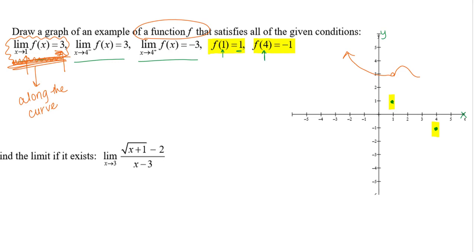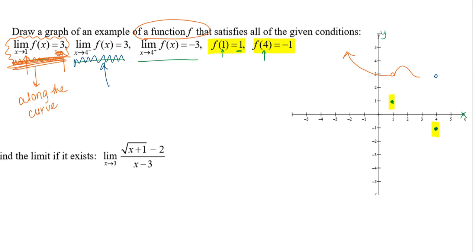Now, as x approaches 4, I have some sided limits here that I have to work with. So as x approaches 4, this one is from the left, then my output is 3. And again, I can't put a closed point because I've already got that closed point down there at 4, -1. So I'm going to put a hole at 4, 3.